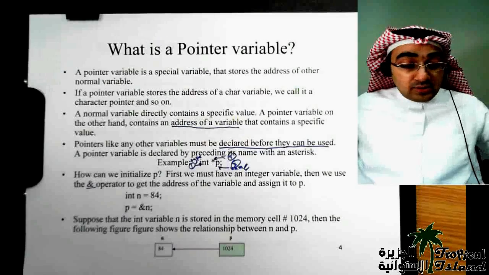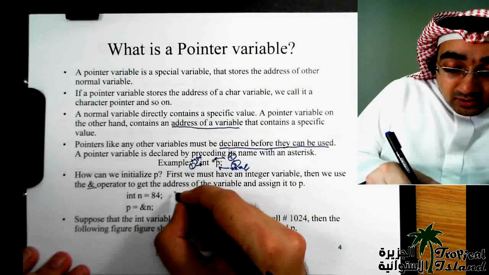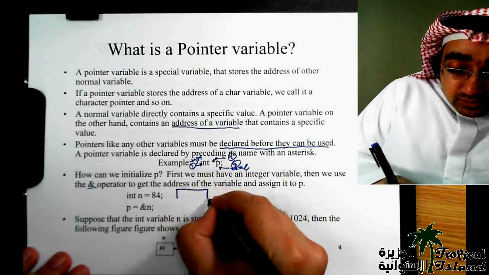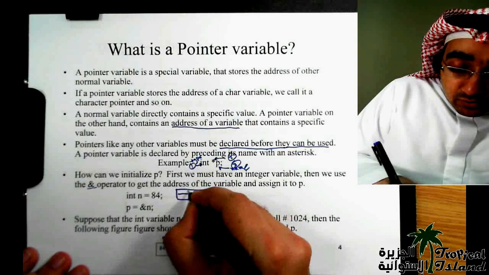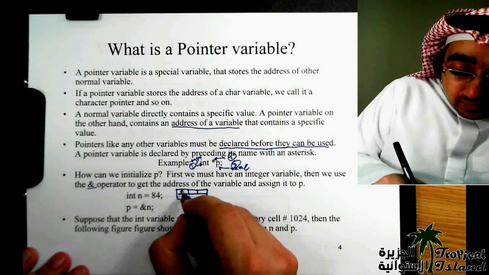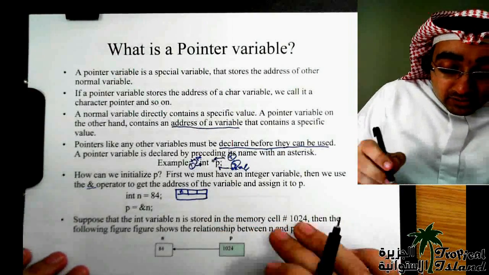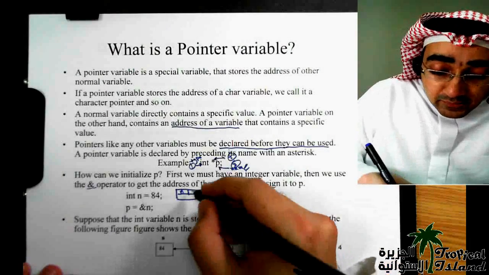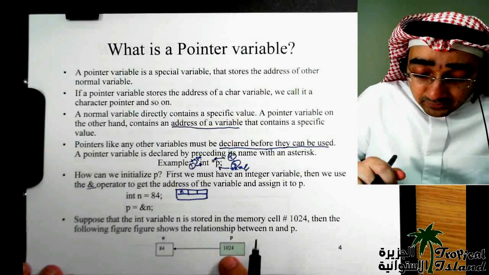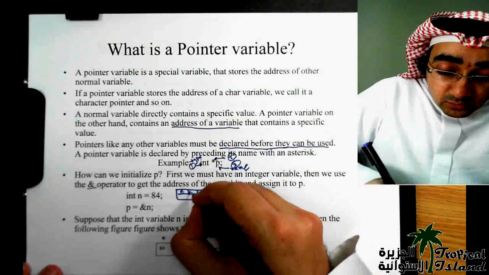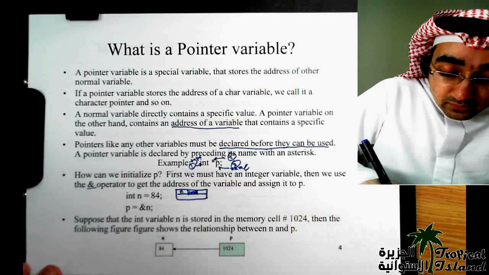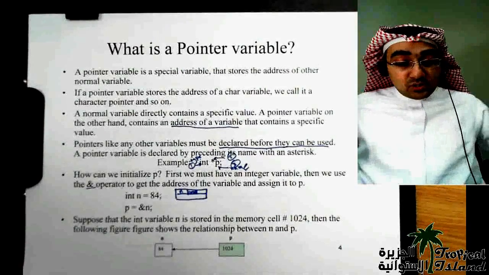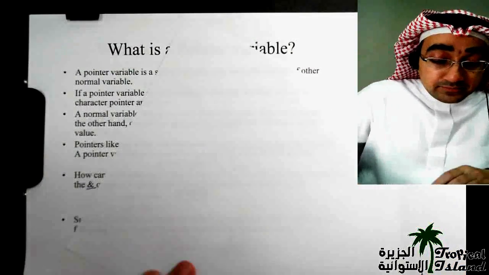In this example, let me draw it over here using the big notation. It's going to allocate for you a variable named n, and it's going to go into the memory somewhere. Suppose it's allocated in cell 1024. This is too small, so I'm just going to shift to another paper.